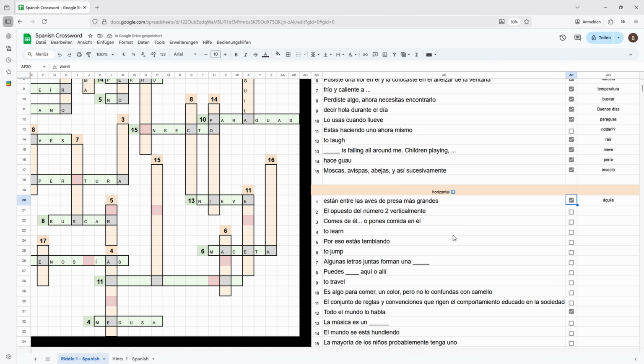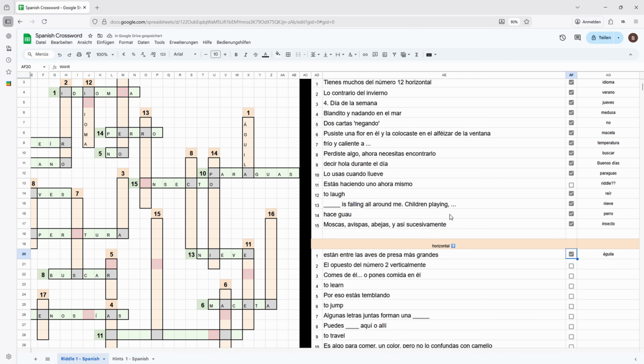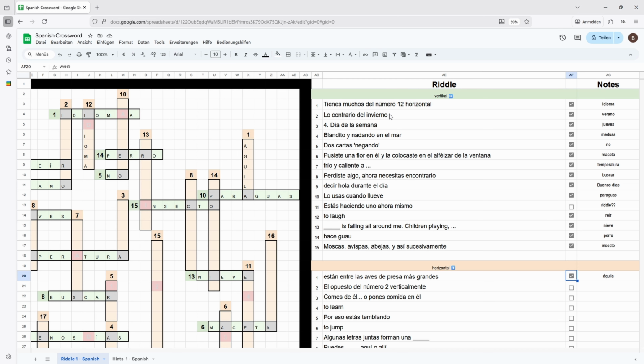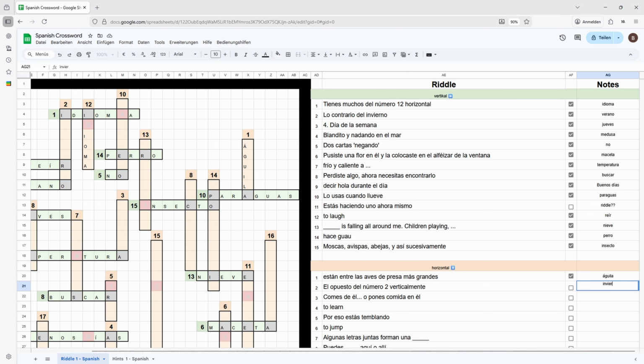"El opuesto del número 2 vertical." Did she just first say the opposite of winter and then say the opposite of número 2 vertical? So invierno? Yeah, it works.